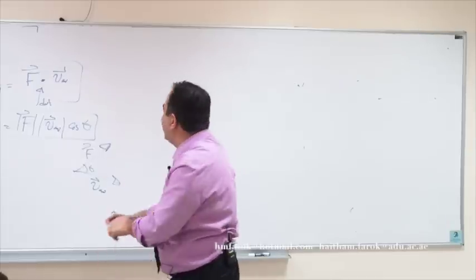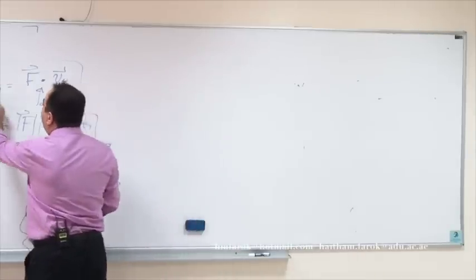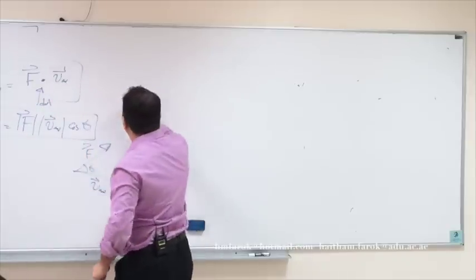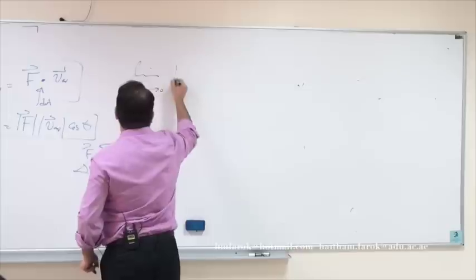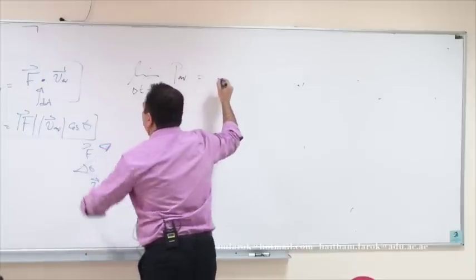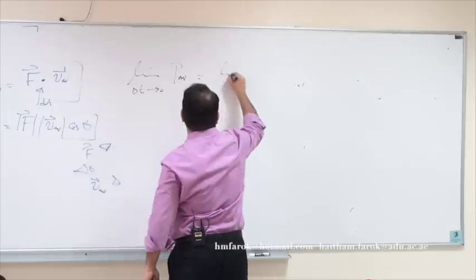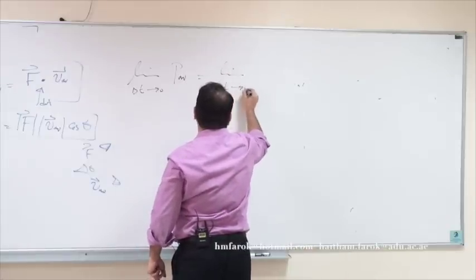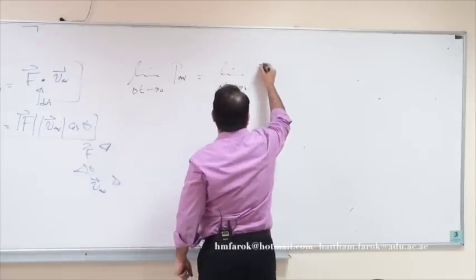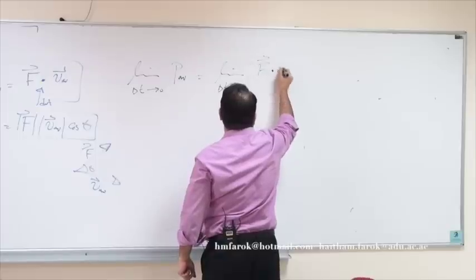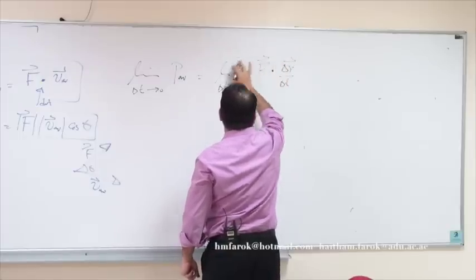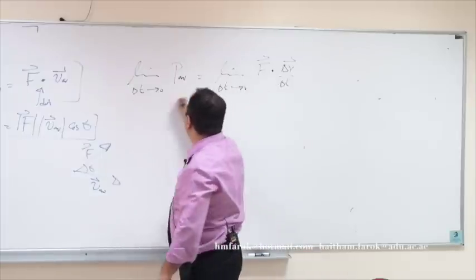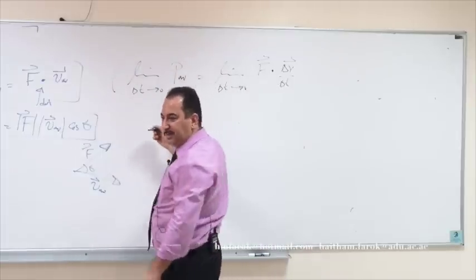So if you want the instantaneous power, if you have the average, take the limit. If I take the limit as delta T approaches 0 of the average power, it means I'm taking the limit as delta T approaches 0 of F dot delta R over delta T. Limit of average becomes instantaneous.